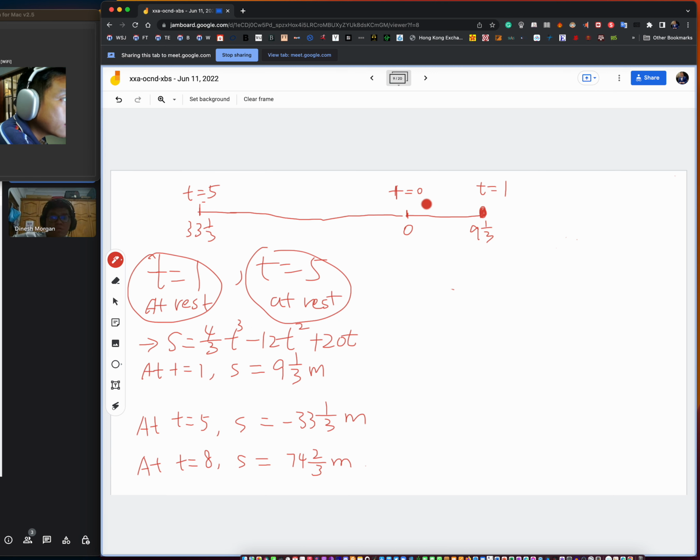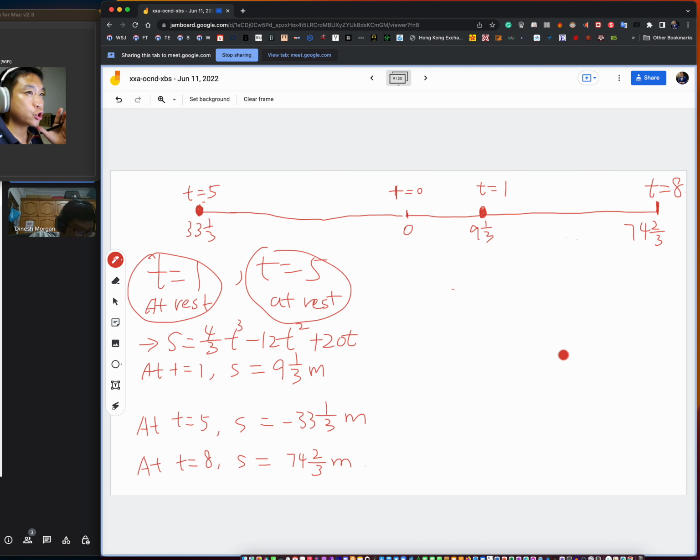This is 1 point, and this is another point. Therefore, with this, you need to sketch the trajectory of the particle out.